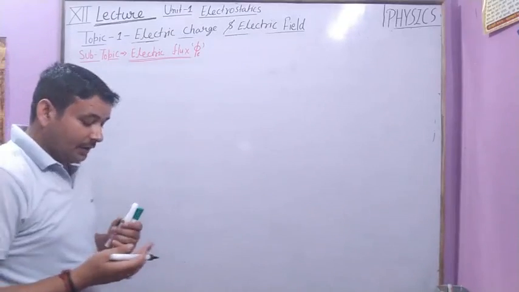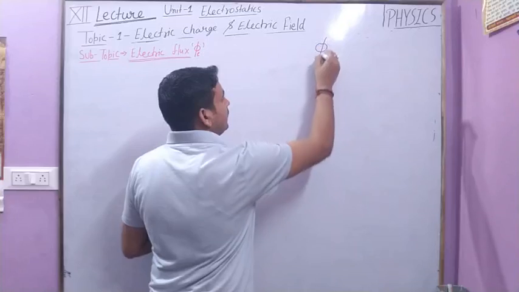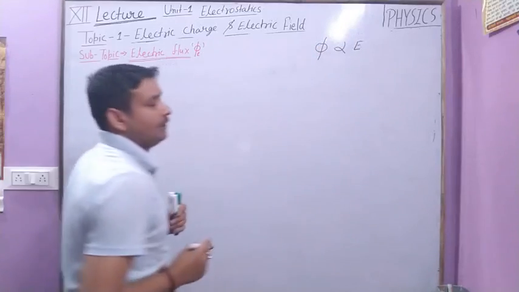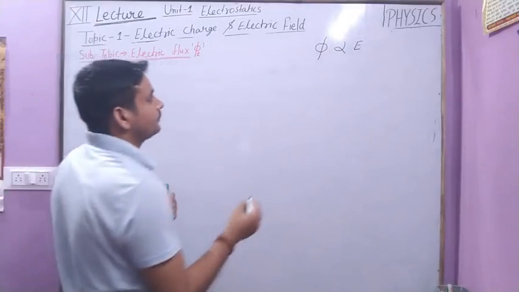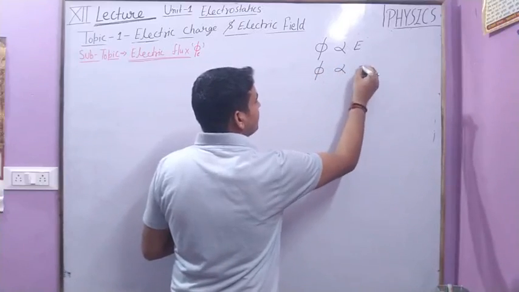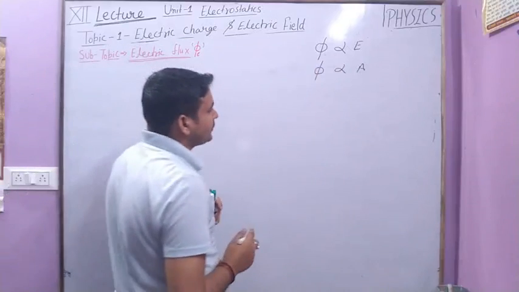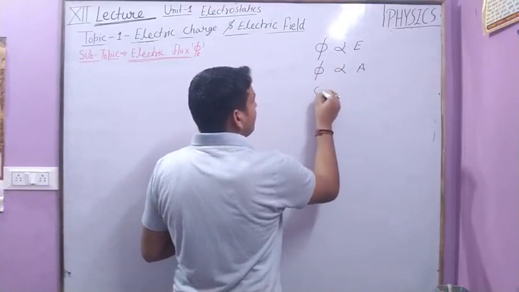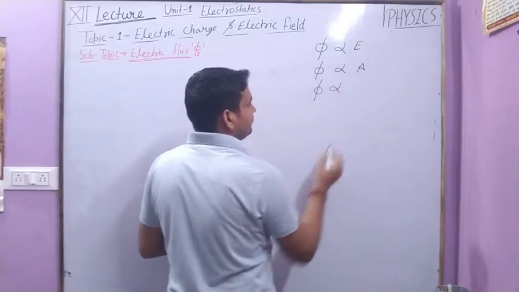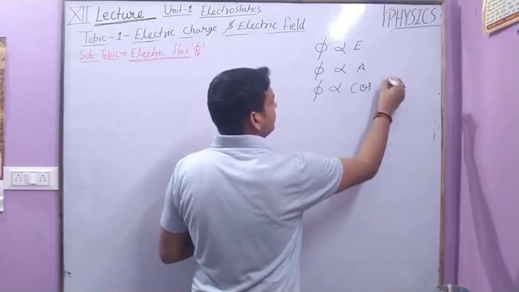It is observed that the value of electric flux is directly proportional to the electric field, and also directly proportional to the area, and it also depends on the angle between them.